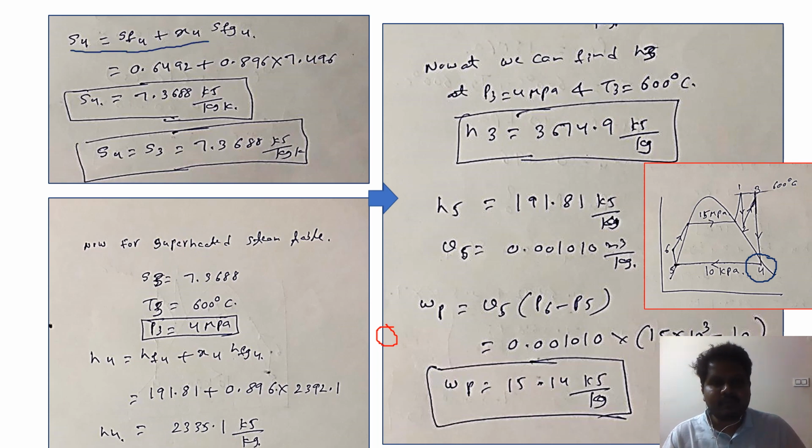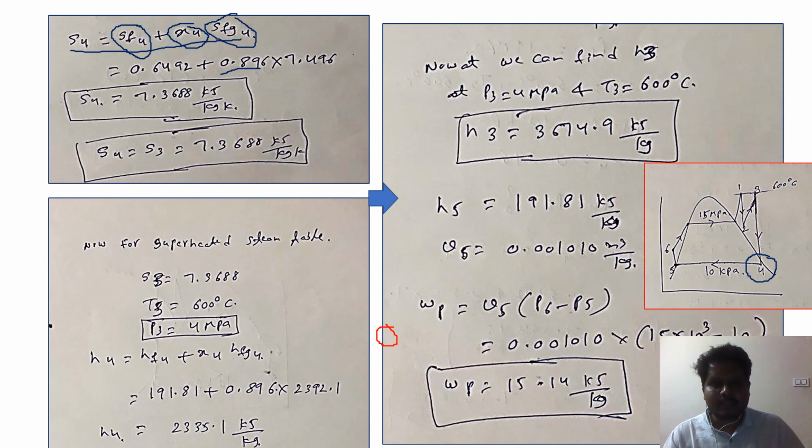From this equation we can find the entropy value at point 4: S4 equals SF4 plus X4 into SFG4. X4 is the dryness fraction at point 4, which is already given in the problem. SF4 and SFG4 values I have taken from the steam table.